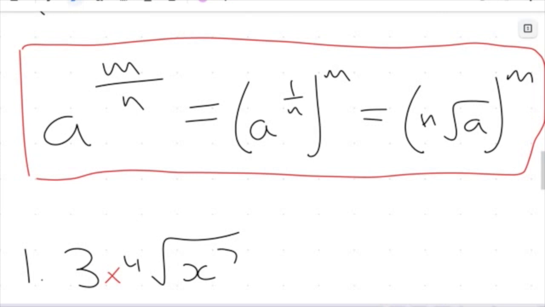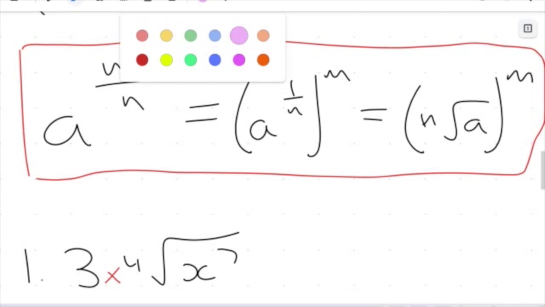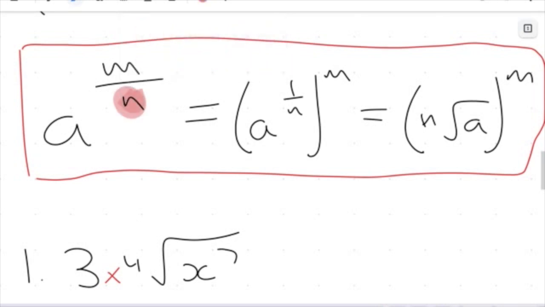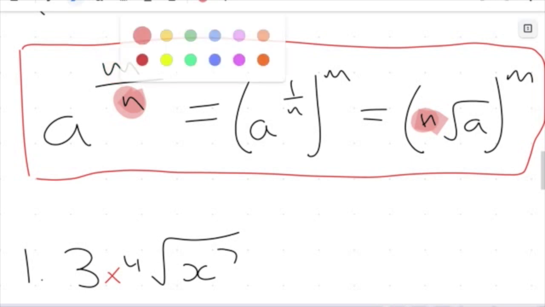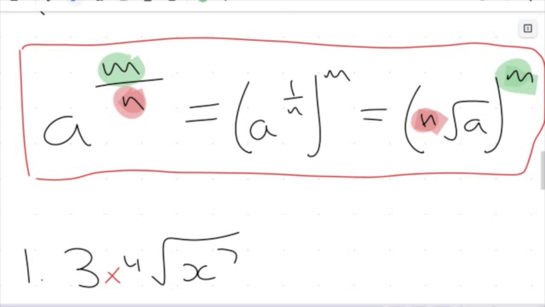The denominator ends up being the root here. And the numerator, let's color code that a bit better. The numerator ends up being the power. Now it can either be the power there or the power in here. It's the exact same thing.